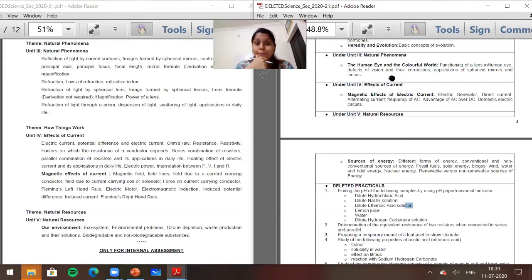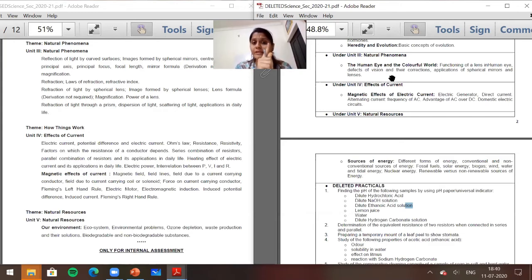So be very serious with this chapter, make your conceptual knowledge very good, and try to apply it, because it is a very, very important chapter from a future point of view as well.